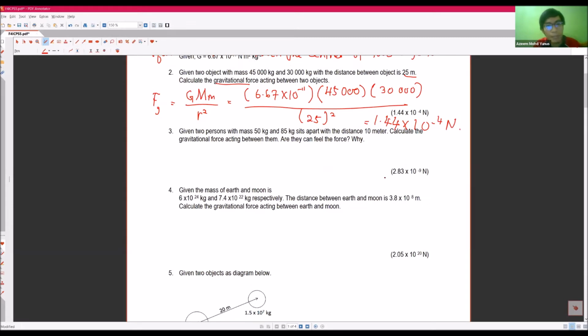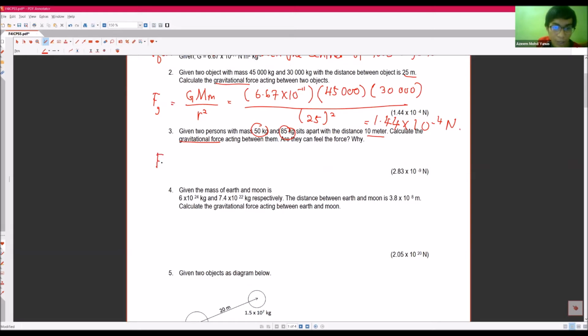Okay. Number 3, given two persons with masses 50 kg and 85 kg sitting apart at a distance of 10 meters, calculate the gravitational force acting between them. Can they feel the force? Why?